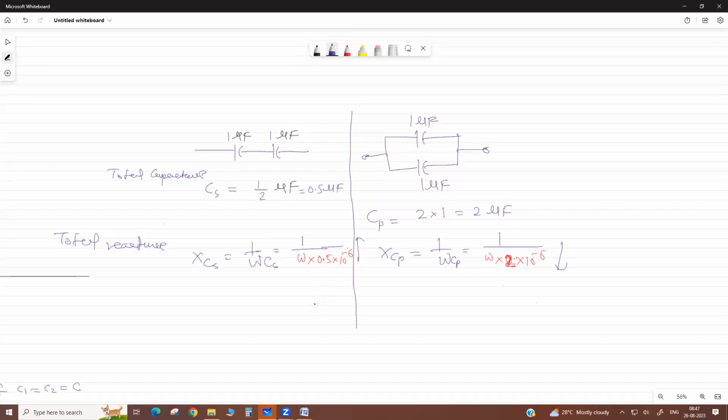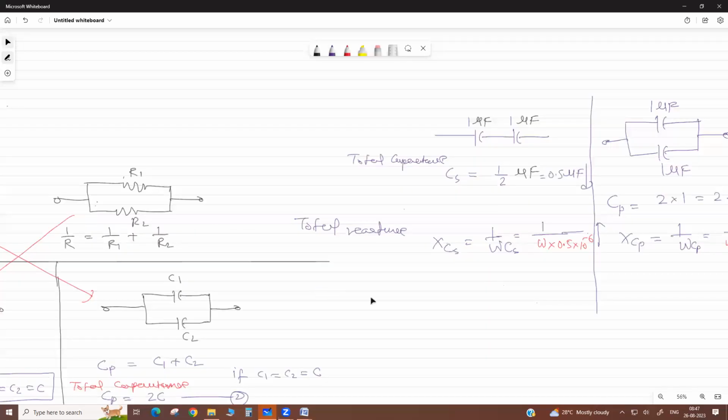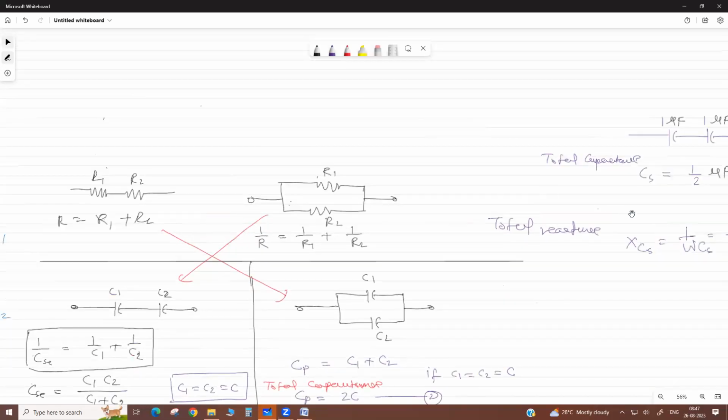Got it? Very simple. Capacitance is higher for this one, but reactance is opposite. Now we come to the question.